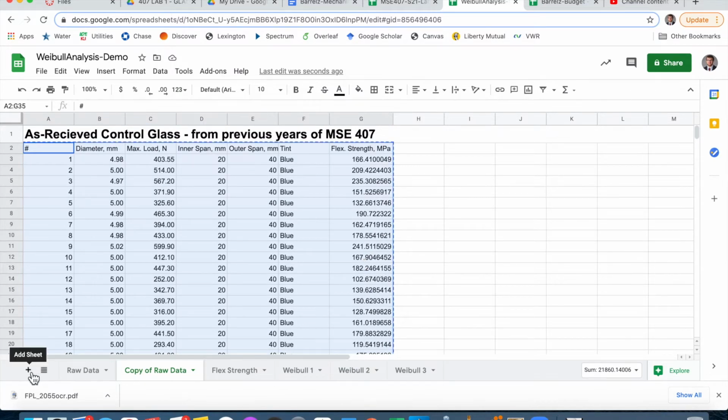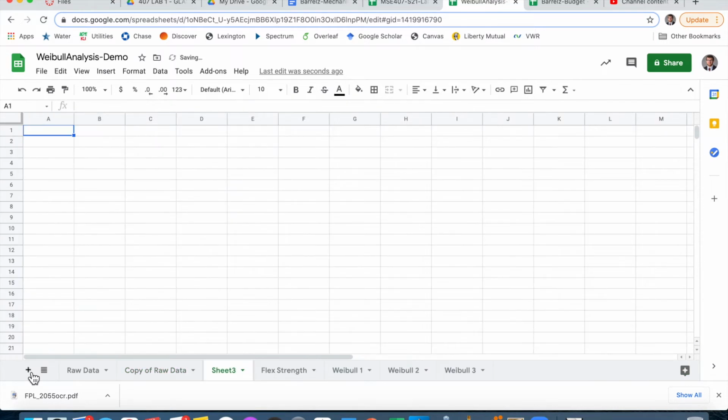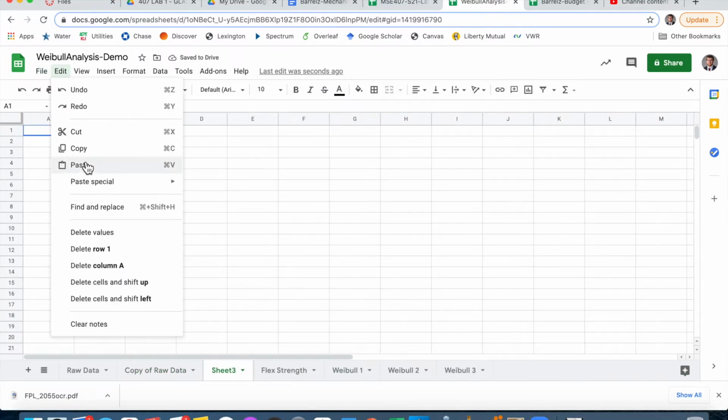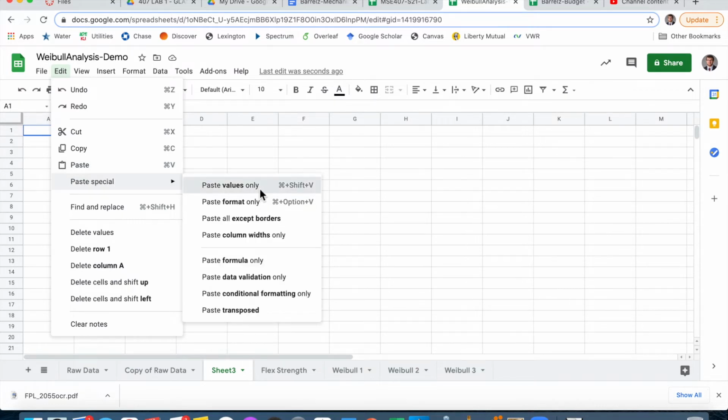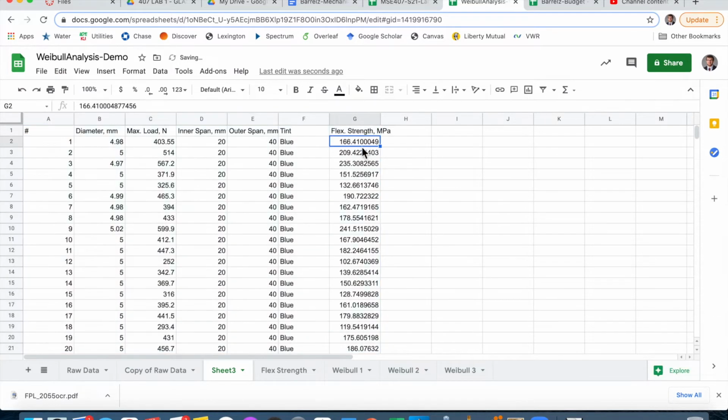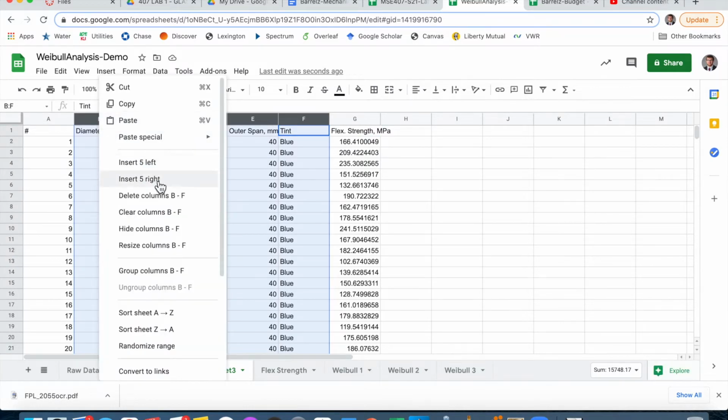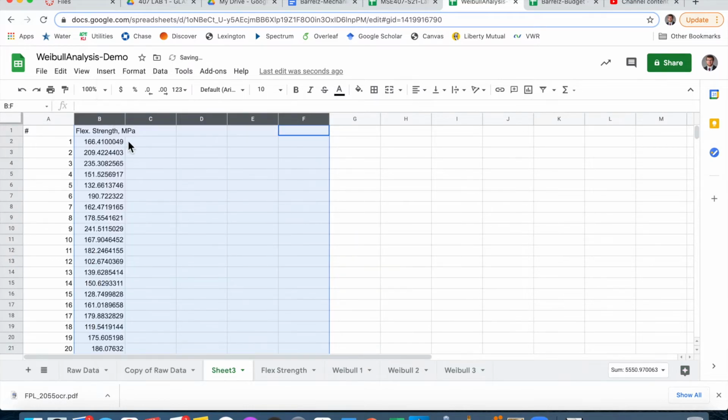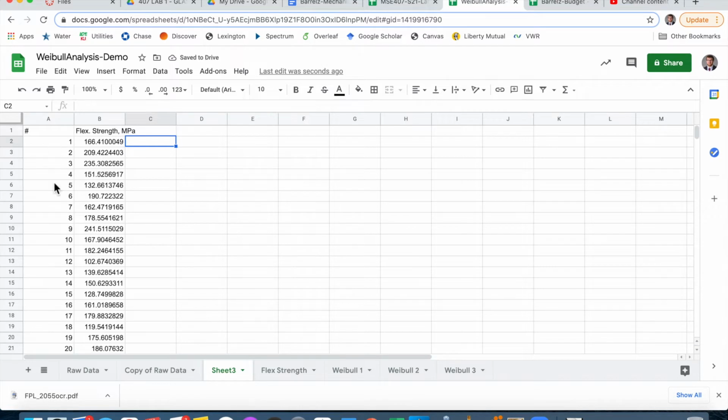And then I'm going to make a new sheet and paste it. But I'm going to paste just the values so that this is set. So assuming my strength calculations are set, what that allows me to do is delete all this other stuff, and I'm just going to be left with the strength and then a number.